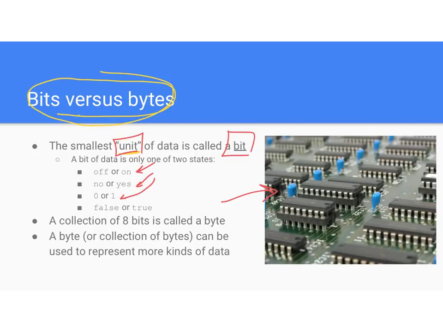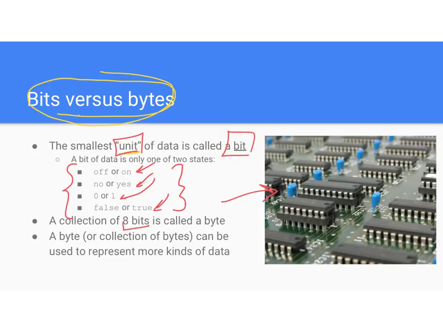Off can represent the number 0, on can represent the number 1, off can represent the Boolean value false, on can represent the Boolean value of true. So we've already started to talk about data representation. This is the simplest form of data representation. How can a single transistor on a computer represent some interesting data that we're trying to communicate or store?